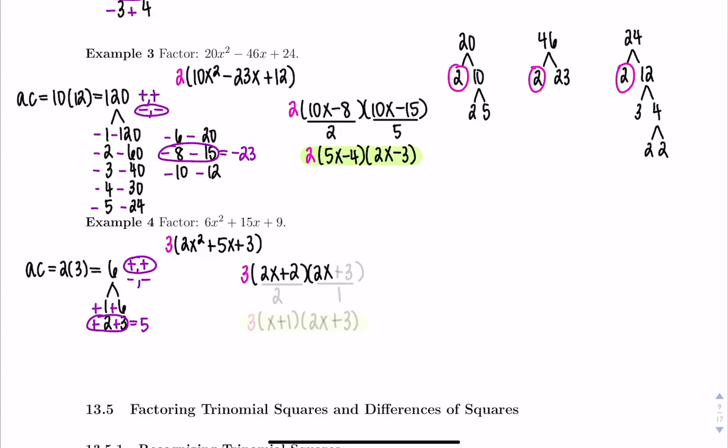We have a +2 and a +3. And we need to divide out what they have in common. In the first one we can divide out a 2, and in the second one we can only divide out a 1. And so we still have that 3 up front, times x plus 1 times 2x plus 3.